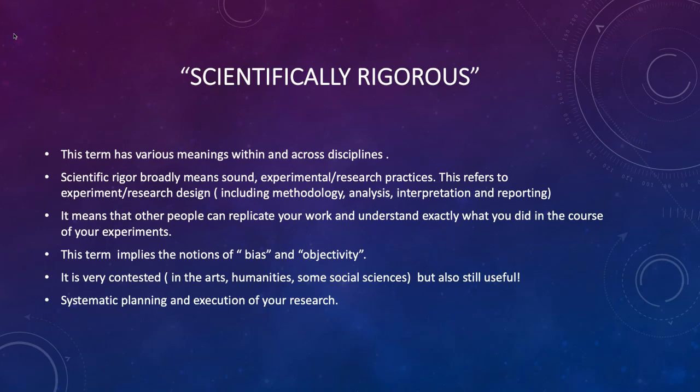And in the humanities and the arts, a lot of time is spent contesting the idea of objectivity and bias. This doesn't mean that we need to throw these concepts away.